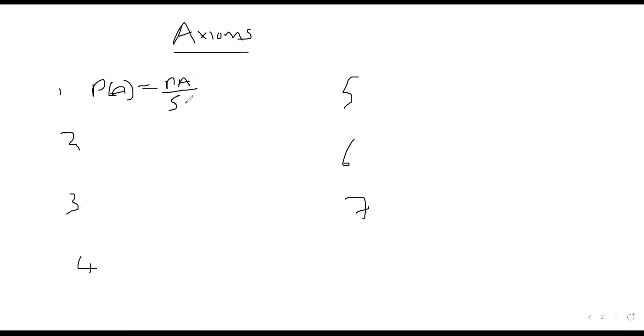So what that means is if we have 3 apples and 7 bananas, probability of picking an apple out of the total fruits of 10 is 3 out of 10, which is 0.3. So that is how we find the probability of A.